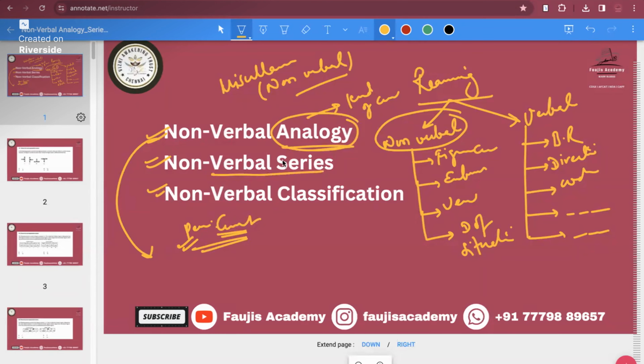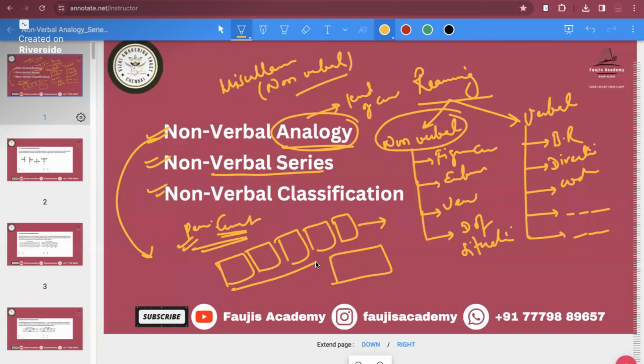Non-verbal series, as the name suggests, there will be 3, 4, 5 pictures given to you, and they will ask what will be the next figure which follows the logical sequence, whatever the premises may be.